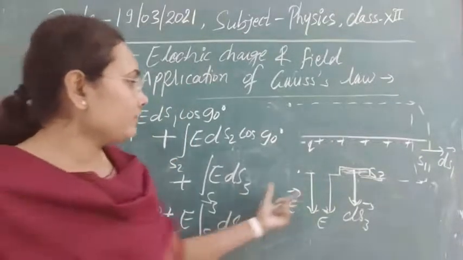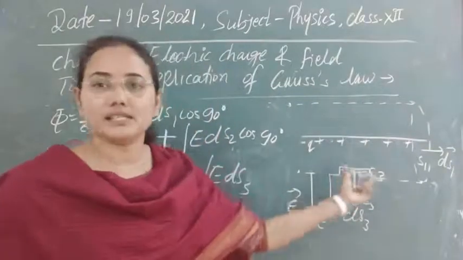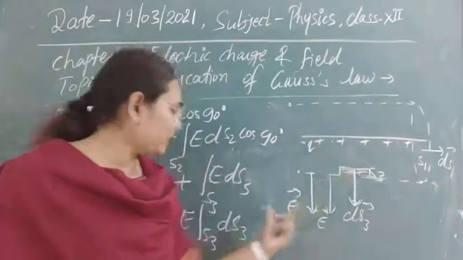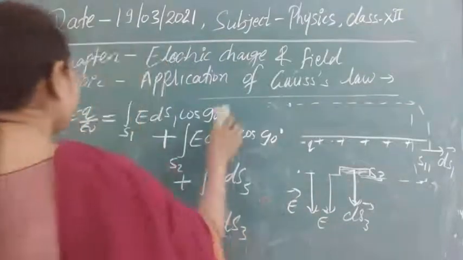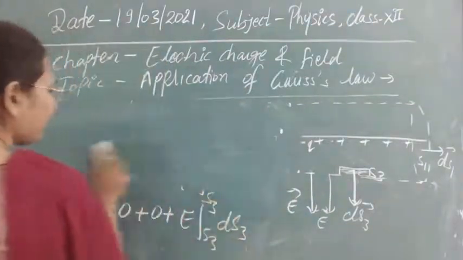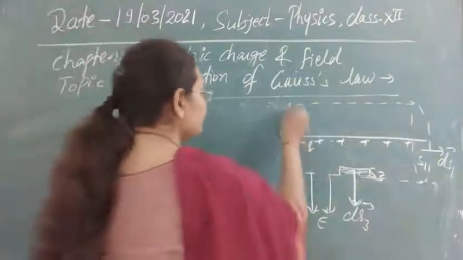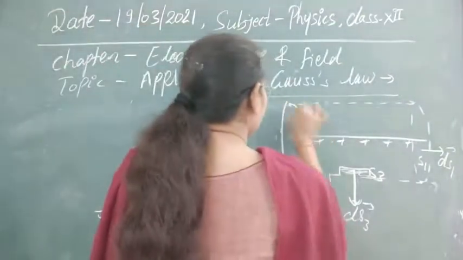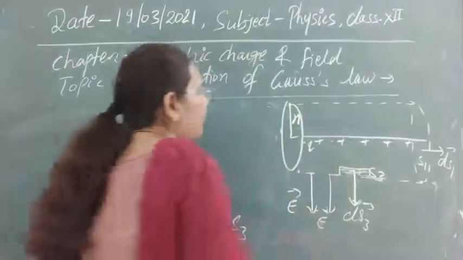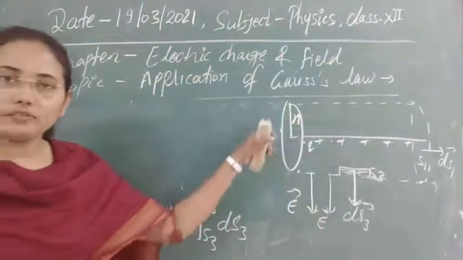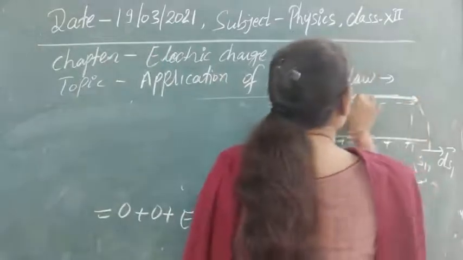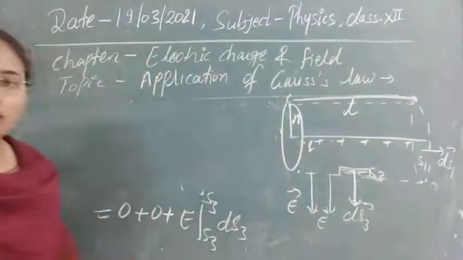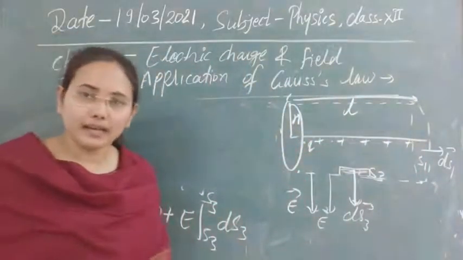If we see the whole surface area of this cylinder, that is equal to the integral of ds3. This is the total surface area of the cylinder. And we know that if small r is the radius of this circular section, and the length of the cylinder is small l, then the area of the curved surface is 2 pi r into l.